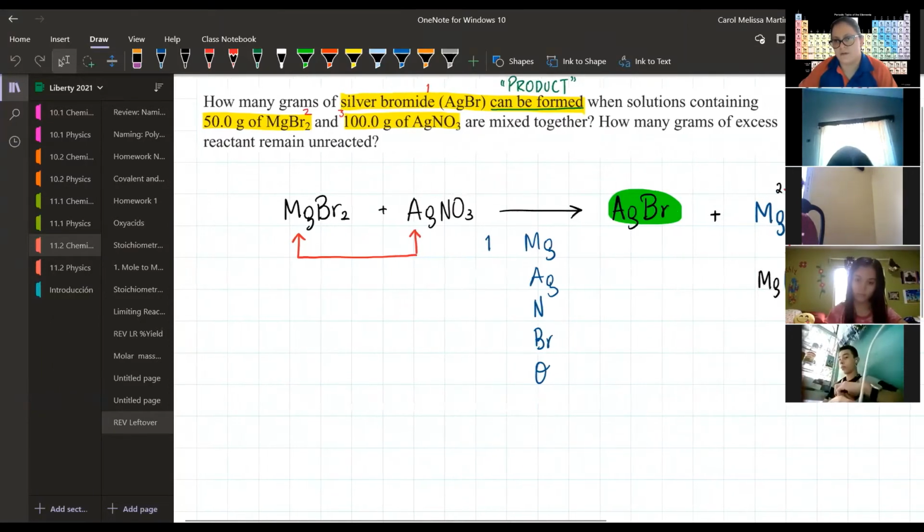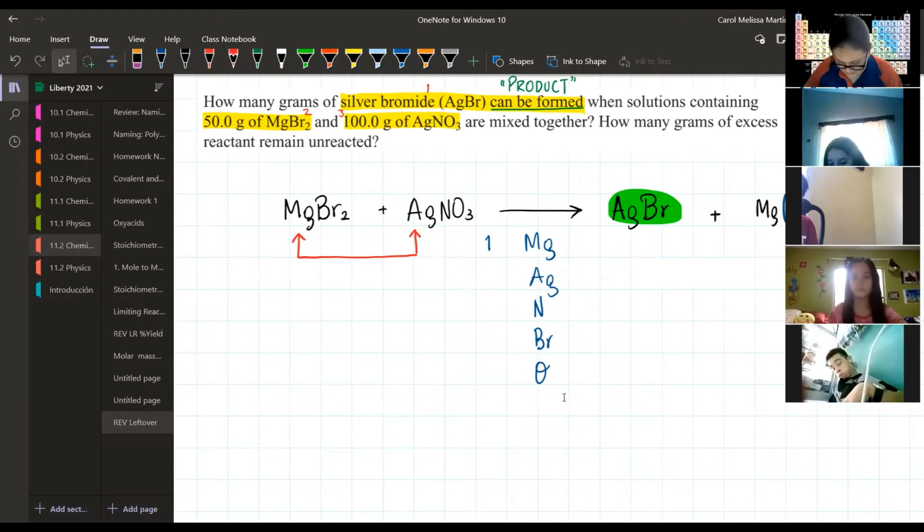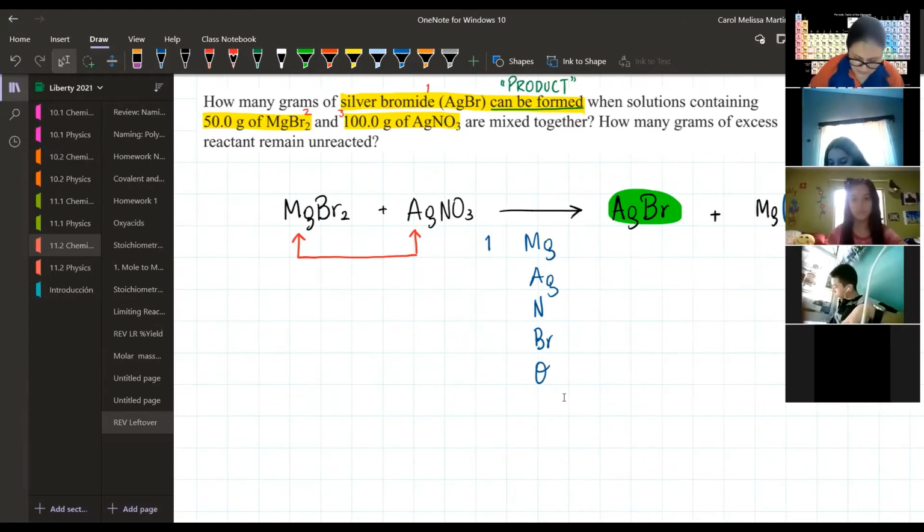Now that we have that, we can balance the equation. Is it balanced or do we need to balance? We need to balance.